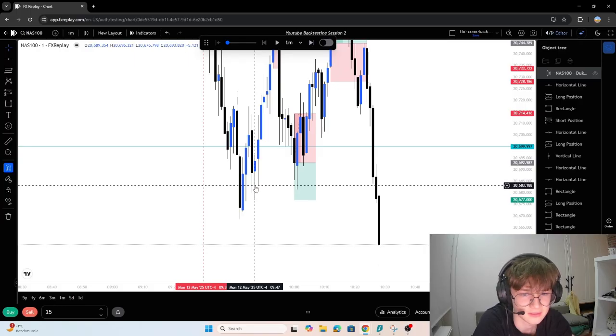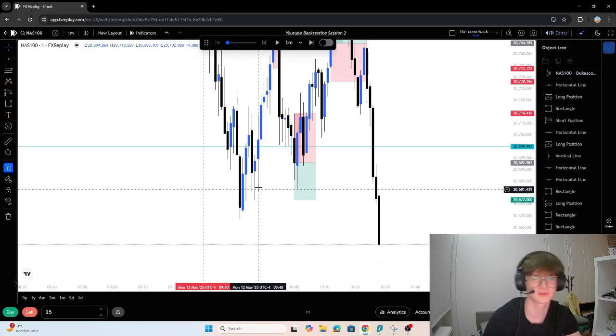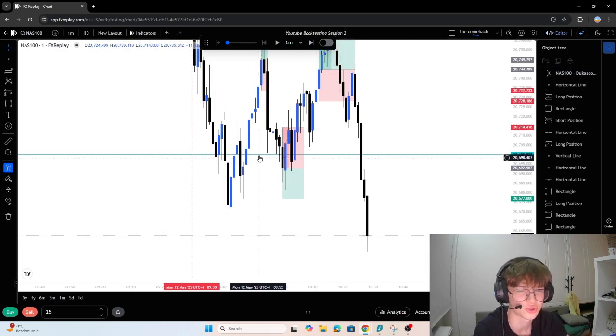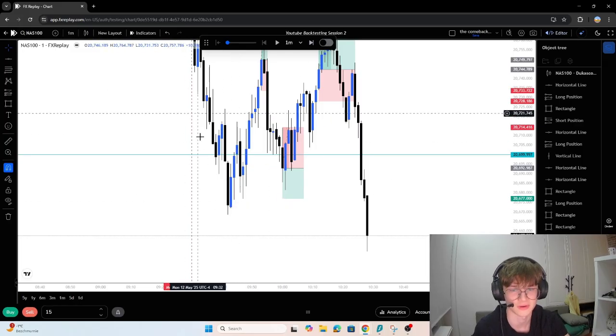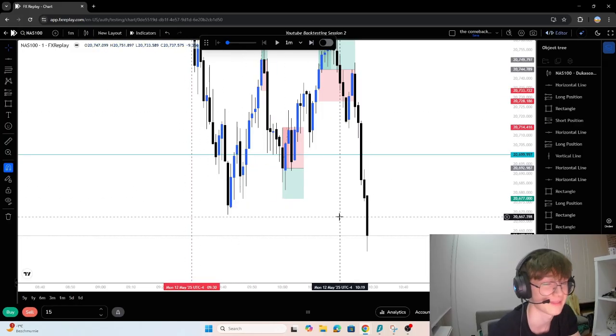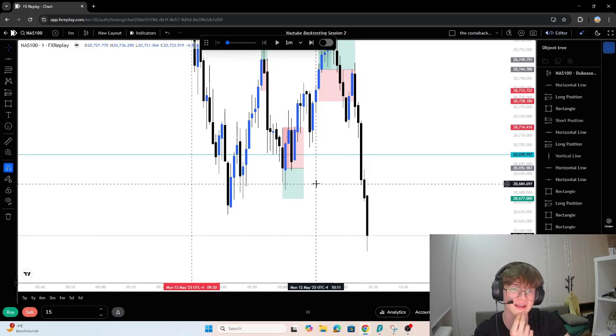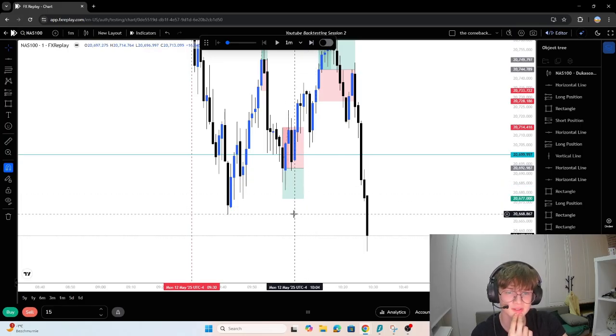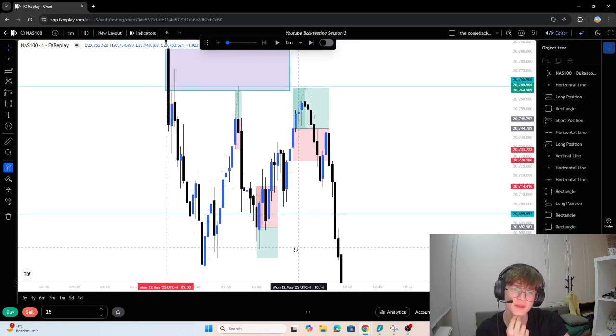First, I didn't target this low, and I targeted this one, which was not that bad, but I just shouldn't have taken this trade because price already swept this, and it had no actual reason to sweep it another time, if you know what I mean.